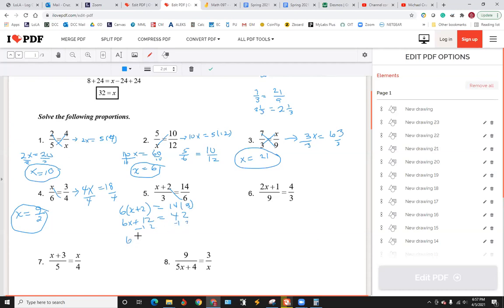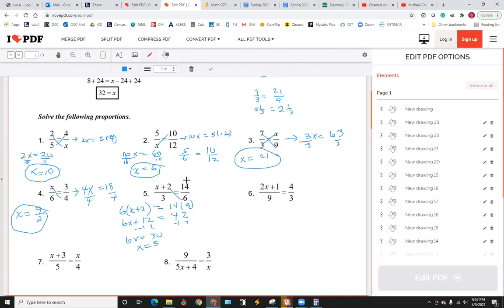So 6x is equal to 30, or x is equal to 5 when you divide both sides by 6. And so 5 here plus 2 is 7 over 3.